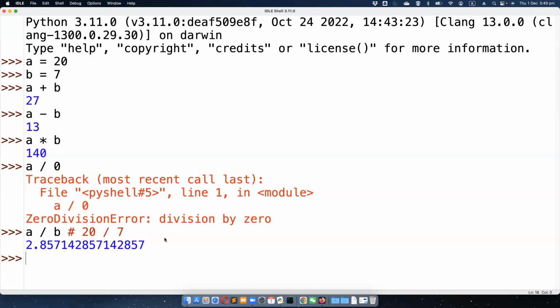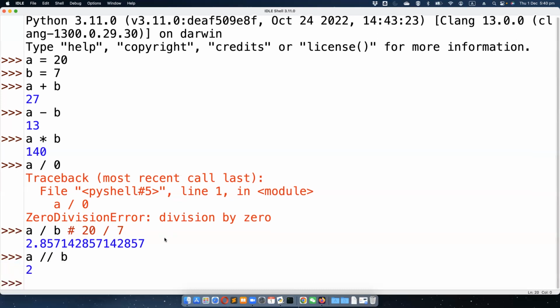And the other kind of division is the so-called integer division, like a integer divided by b. The result of this division is an integer rounded down to the smallest integer possible. Here you can see that the result of a integer divided by b, that is 20 integer divided by 7, is 2 instead of 3.